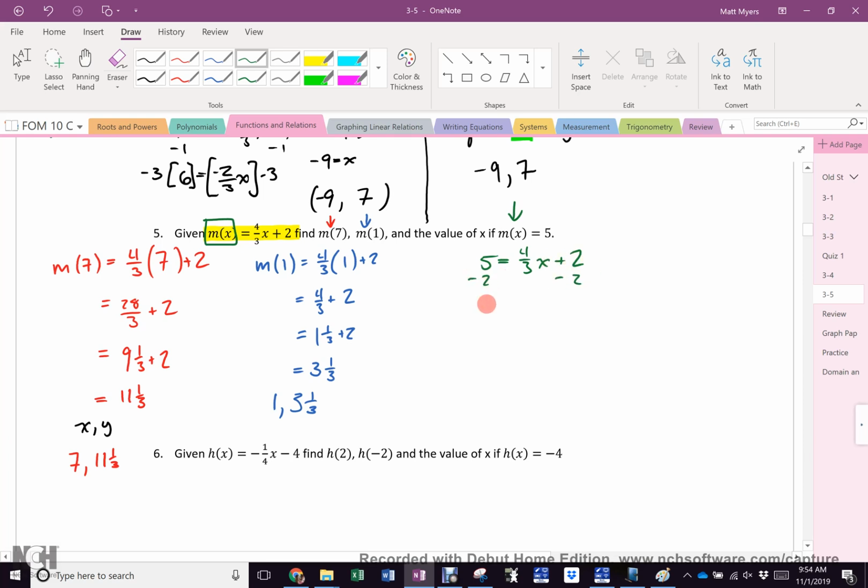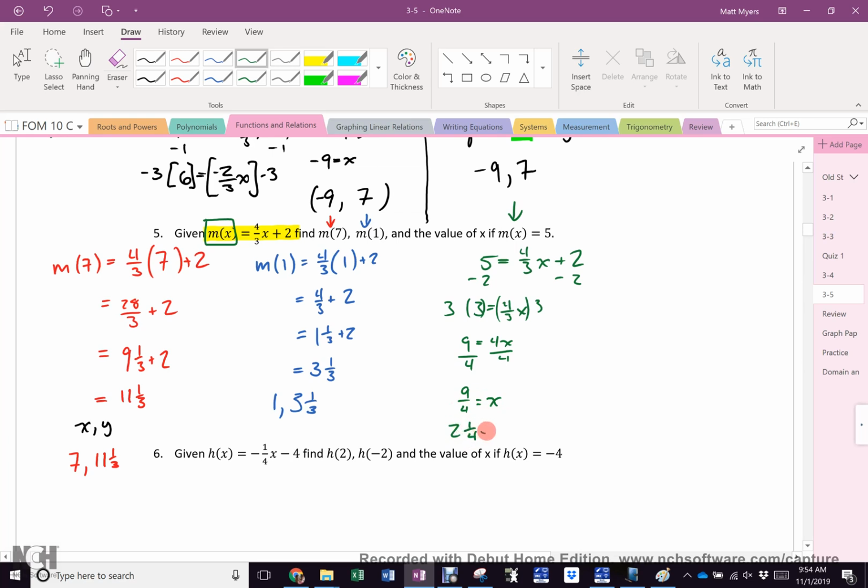Minus 2, minus 2. 3 equals 4/3 x. How am I going to get rid of divided by 3? Times 3. 9 equals 4x. How am I going to get rid of times 4? Divide by 4. 9/4 equals x, which is 2 1/4.